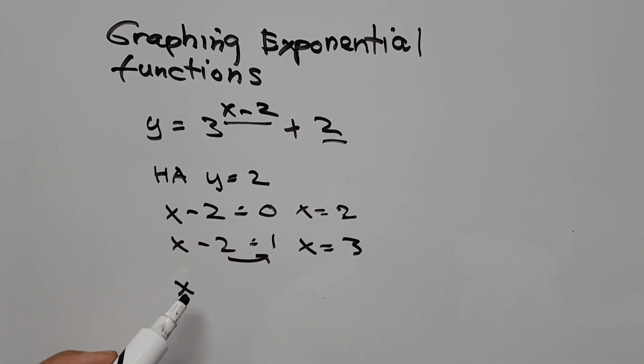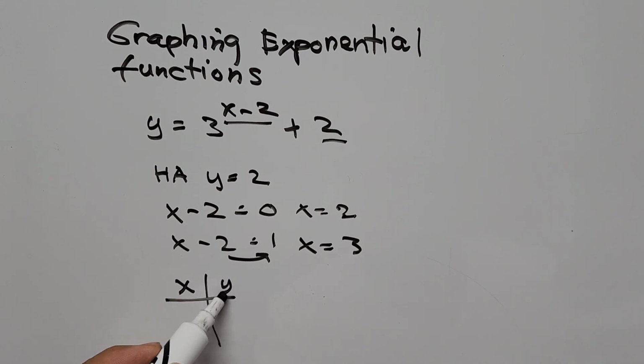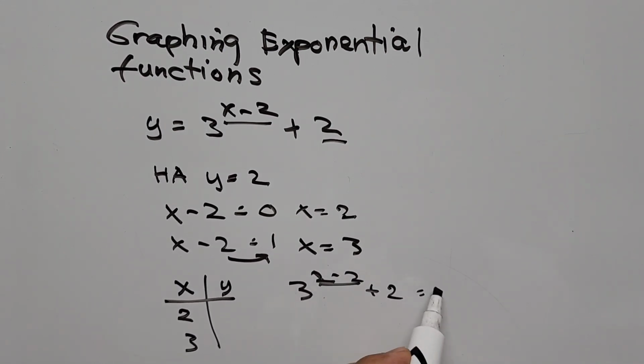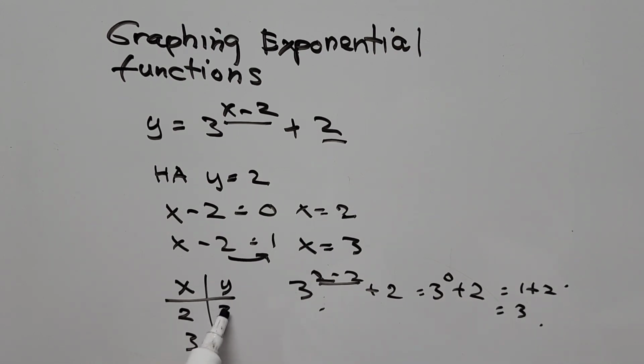So values of x, we have 2 and 3 over here. So when x is 2, we have 3 to the power of x minus 2, x is 2, minus 2, plus 2. So 2 minus 2 is 0. So 3 to the 0 plus 2. So this is equal to 1 plus 2. That is 3. So we have y is 3.